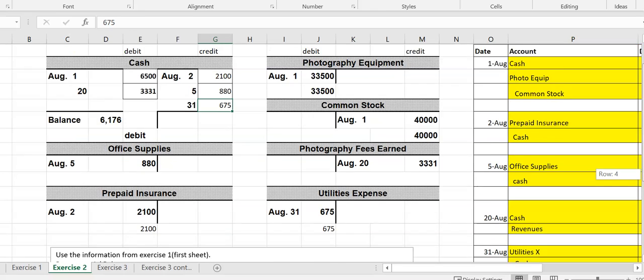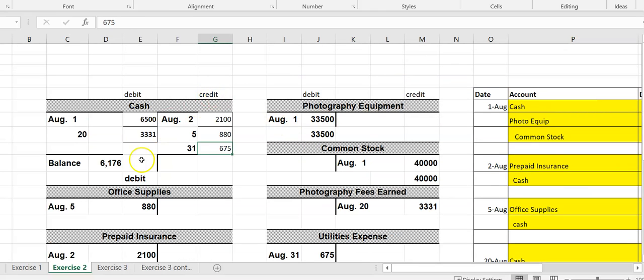Now you have to tally the general ledger. So you add the debits, you add the credits, you subtract the credits from the debits to come up with a balance. If you have more debits than credits, then you have a debit balance, and your balance is $6,176. If I add these two together, I come up with 9,831.